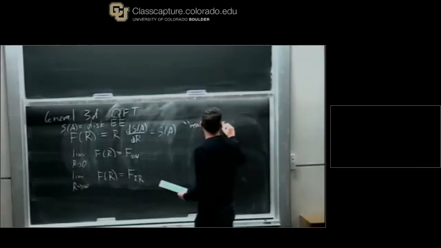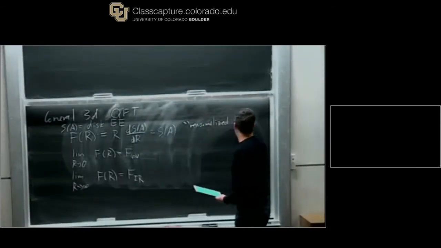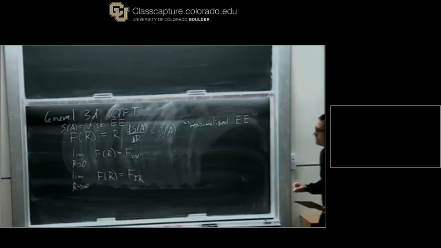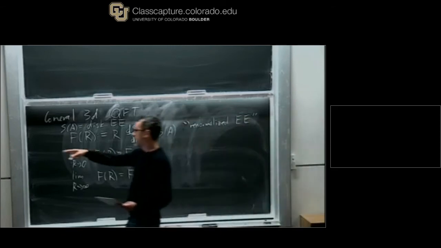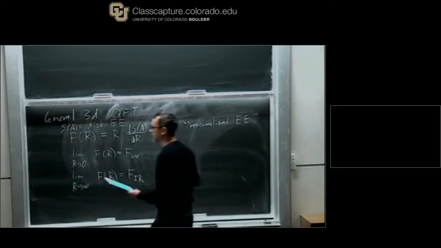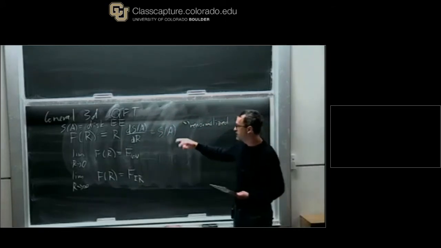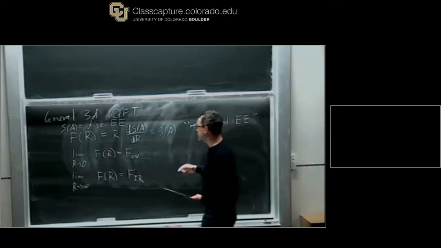So it was defined by Liu and Mezei in, I think, 2000. I might be getting the years wrong. I mean, first you have Casini, Huerta, and Myers, I think in 12. And then also in 12, you have Liu and Mezei defining this function and suggesting that it might be monotonically decreasing.